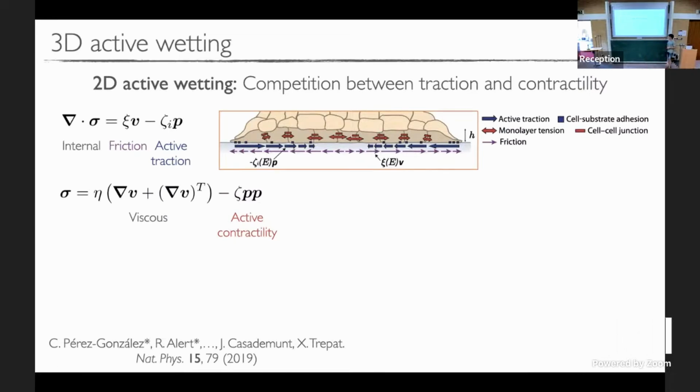Okay, so based on this model for two-dimensional active wetting, what we wanted to do was to generalize it to include stiffness dependencies. The forces that could, in principle, depend on stiffness are friction and active traction, the cell-substrate interaction parameters.